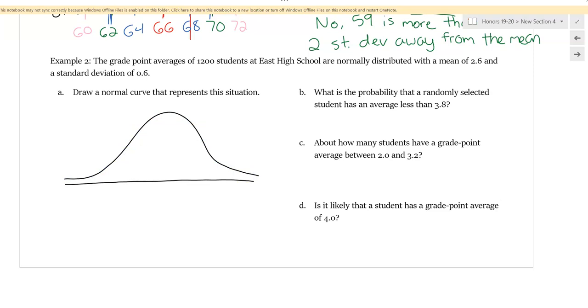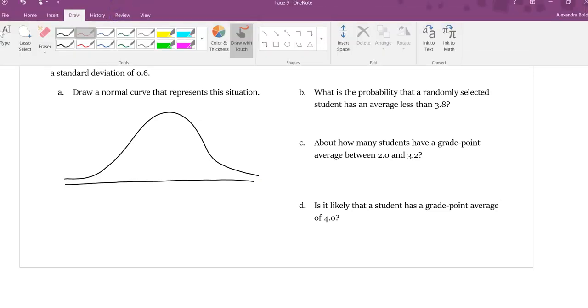Again, I have lots of years of practice of drawing bell curves, and mine still don't even look that nice. So if your bell curves aren't super exact, it's okay, but try and practice drawing them nicely, okay, so that they at least look somewhat like a bell curve. It does take practice to draw them.